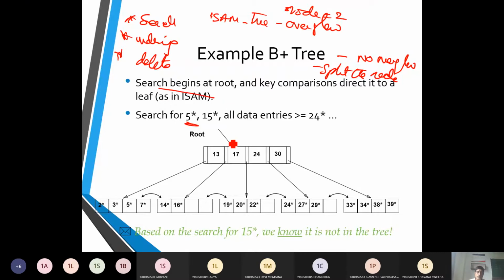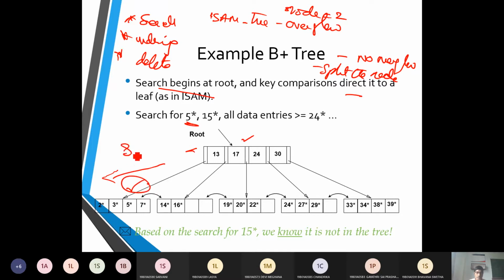Search begins at the root node, and then it compares directly. First, you look up 5, which is less than 13. So it moves to the node which is less than 13, moves to the left hand side and checks the position.